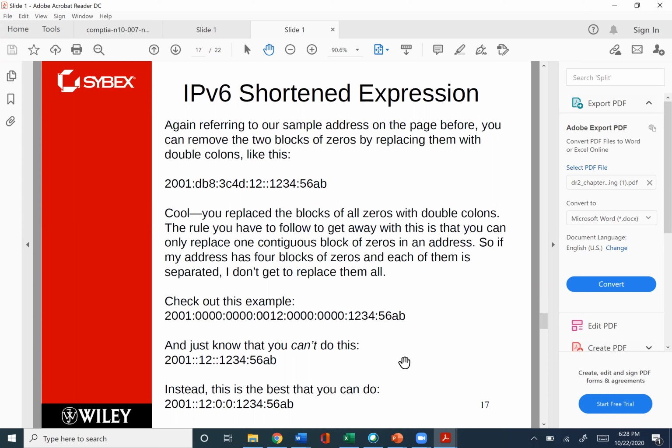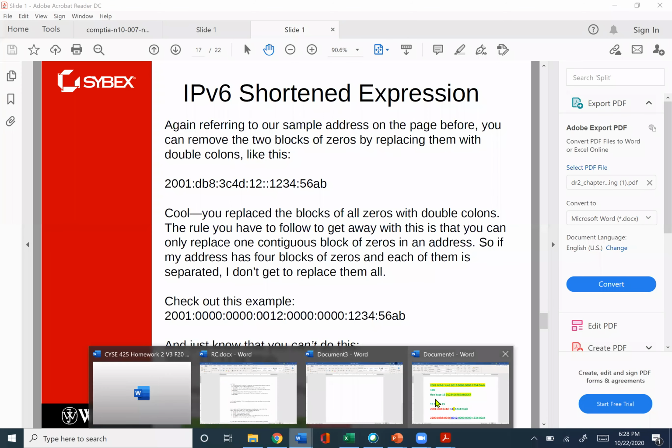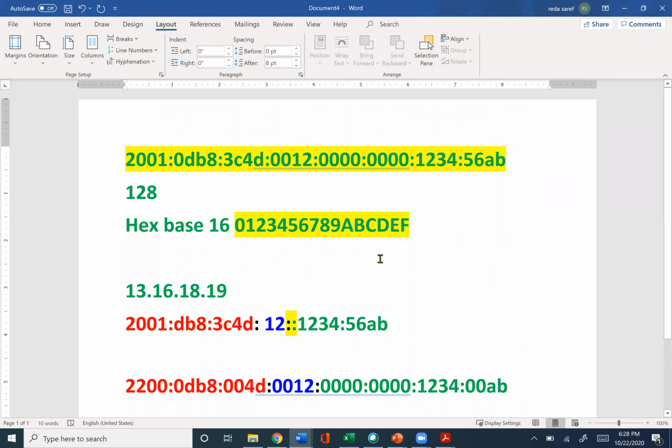What do you guys remember about MAC address? How many bits is a MAC address? Not 8. 48 bits. Is it the same size as an IP address? What's the size of an IP address?